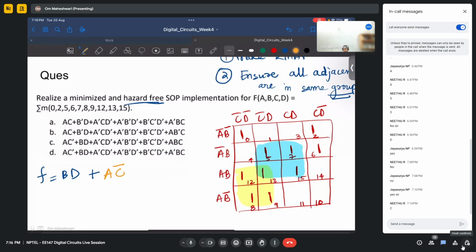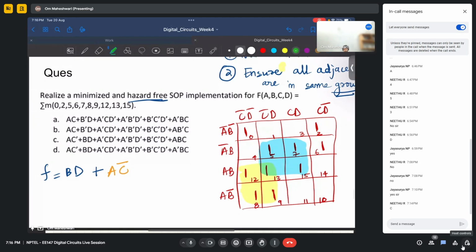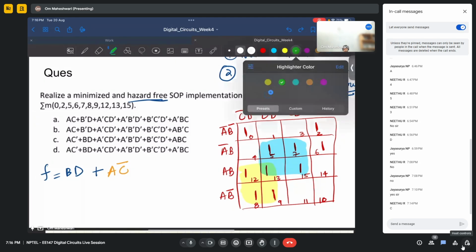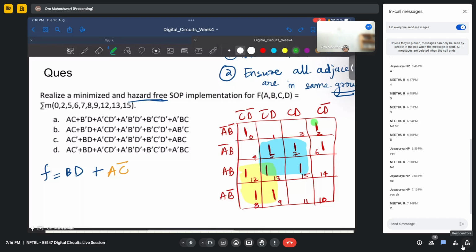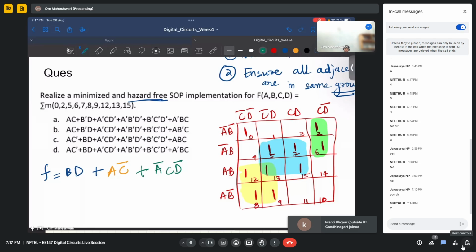Then another group we can have is this. Right? So this is plus A bar C D bar. And one more, this one is left.